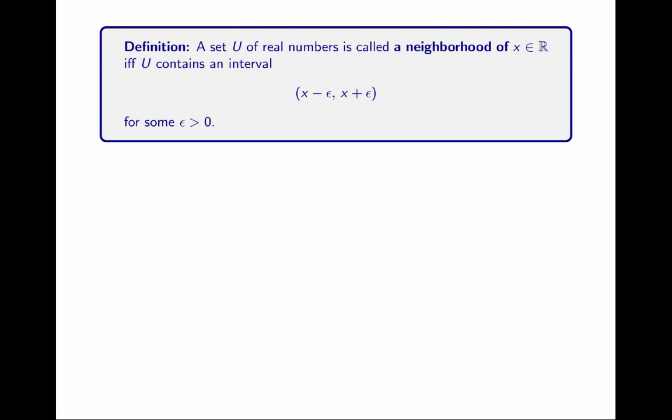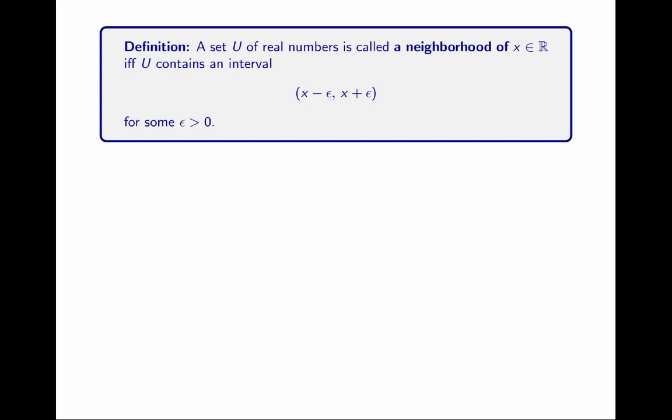Now, like many of the topics we're going to discuss, it's nice to have different perspectives. And a neighborhood allows us a different way of thinking about sequence convergence. So a set of real numbers is called a neighborhood of x if that set contains an interval centered at x with a radius of epsilon, in other words, epsilon to the left and epsilon to the right, for some positive epsilon.